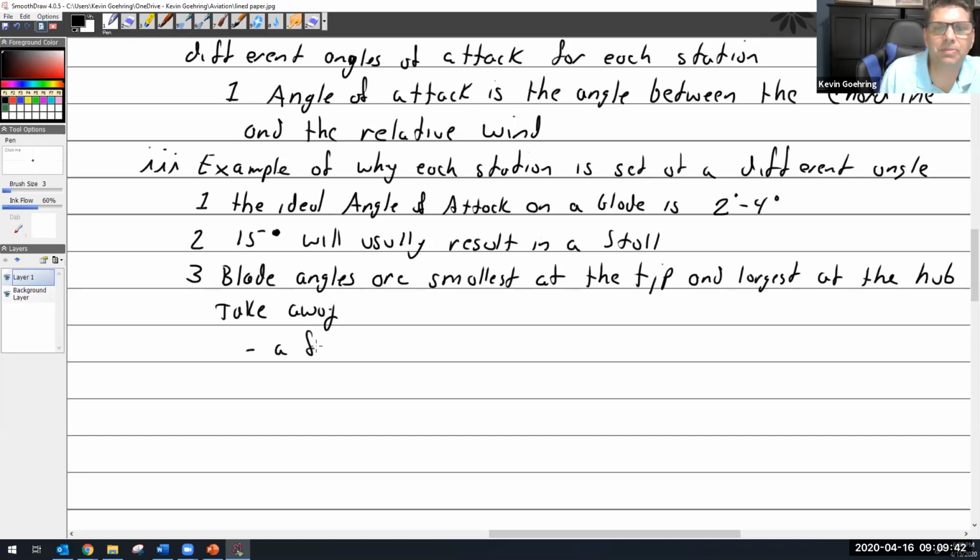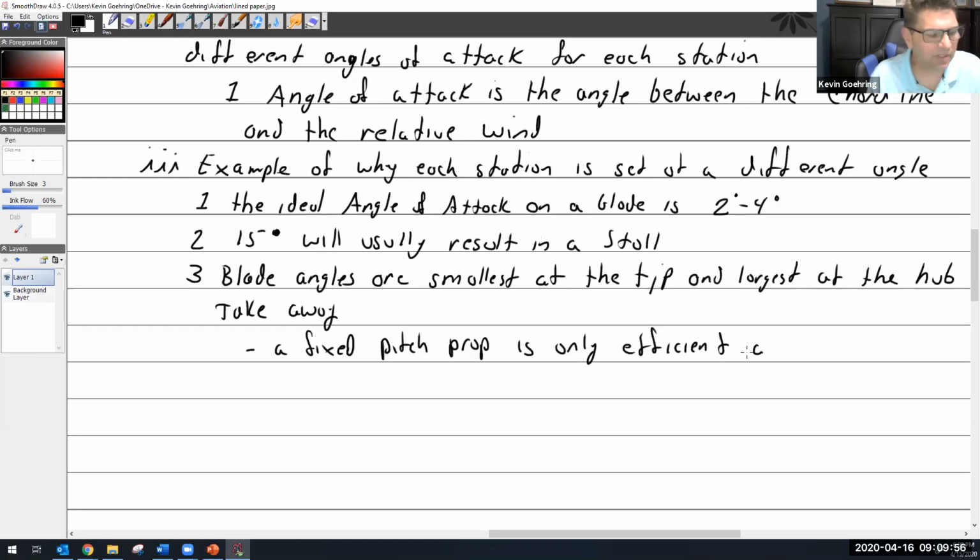A fixed pitch prop is only efficient, let's say, in a narrow RPM and forward speed range.